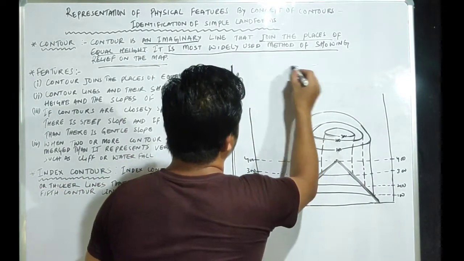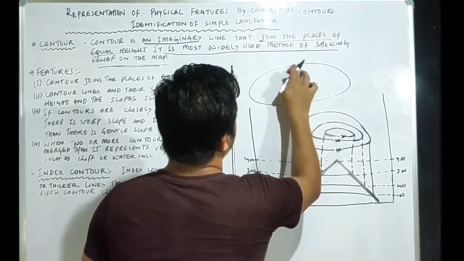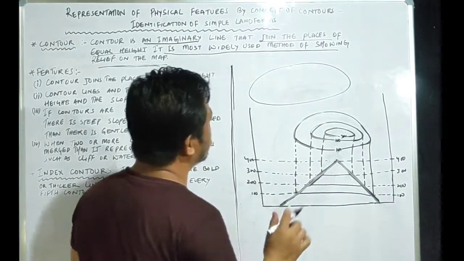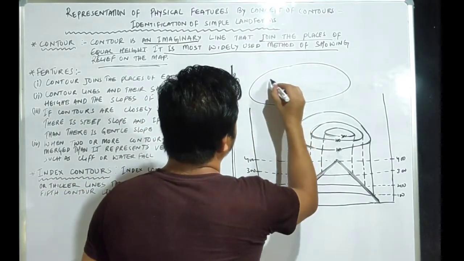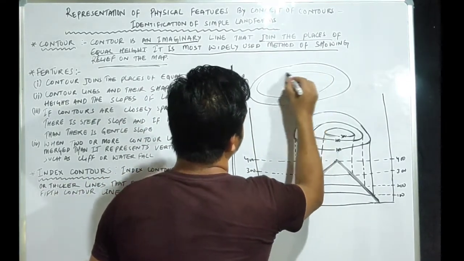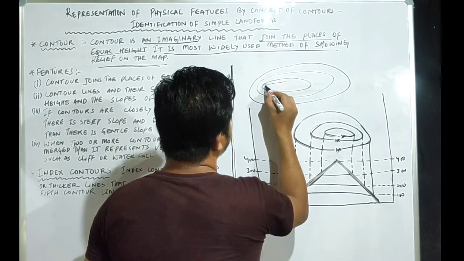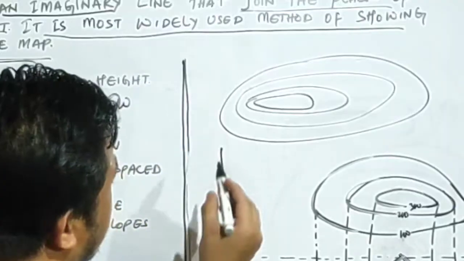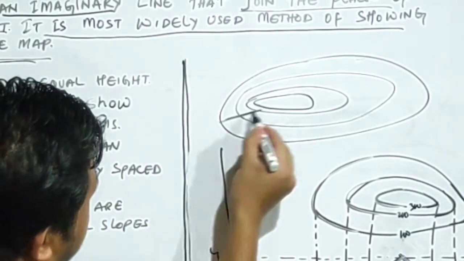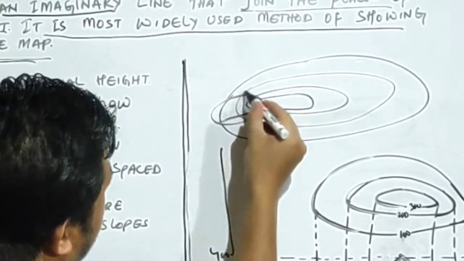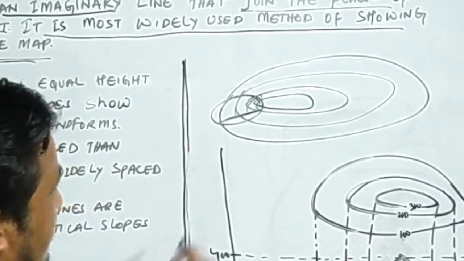So suppose I have one contour, it means I have contour lines. If it is in this way, you can see, students, in this region we have these contour lines very close to each other, right?